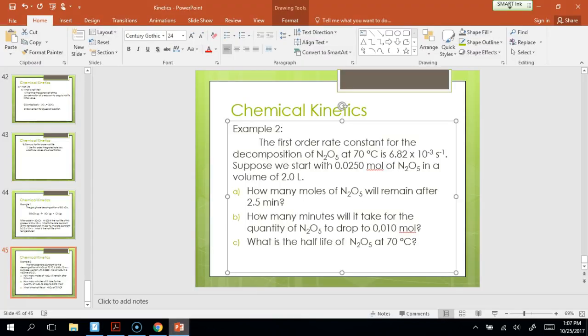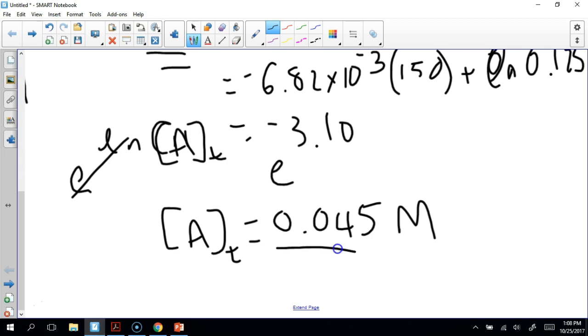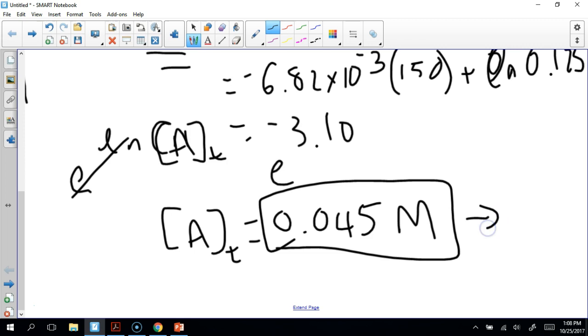For part B of the same question, it says how many minutes will it take for the quantity of N2O5 to drop to 0.010 moles. Now, I get that for part A, the question was to figure out how many moles, so we can definitely go to moles here.